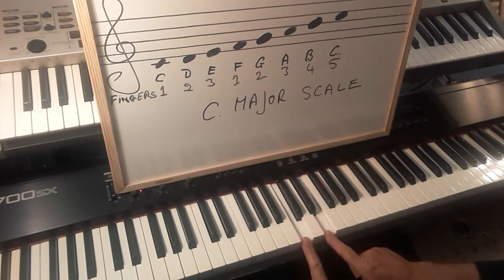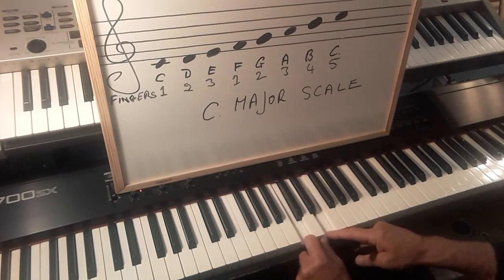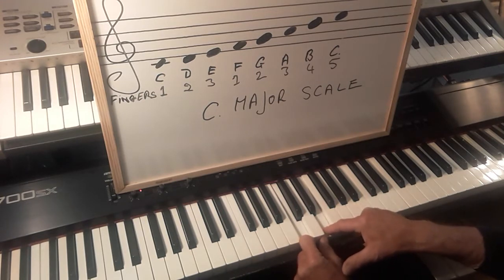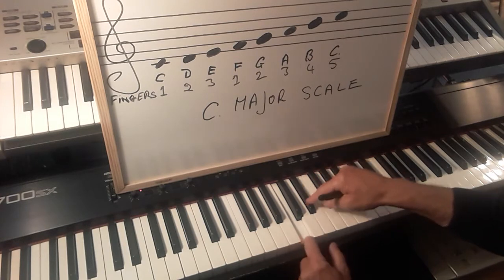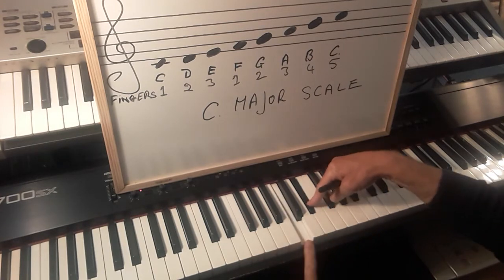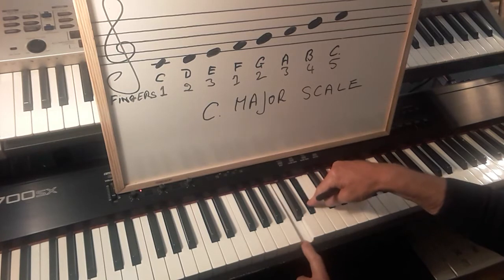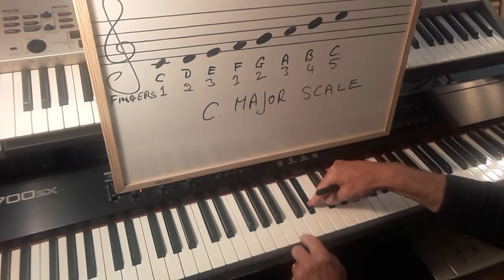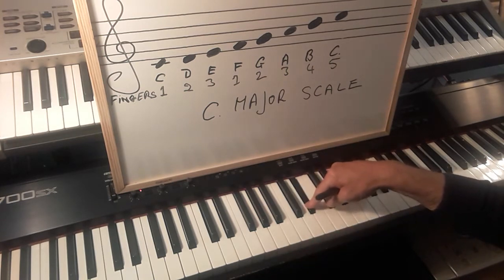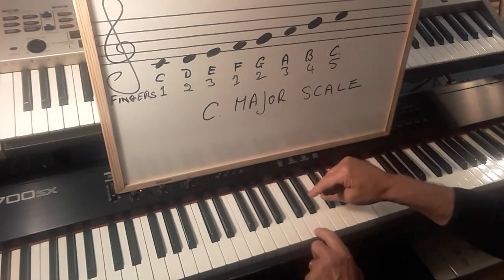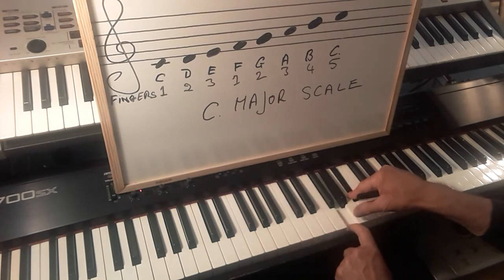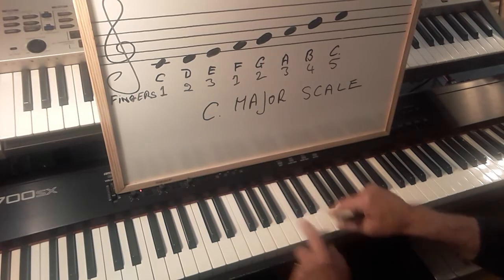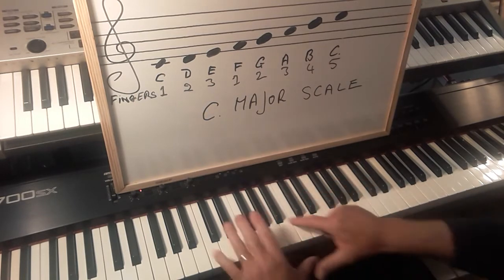So if we look at C to E, which is two whole tones, now if I flatten the E to the black note, that is what we call a minor third. And that consists of one tone and one semitone, so it's a tone and a half. All minor thirds consist of that.